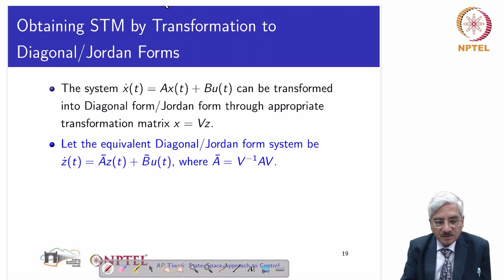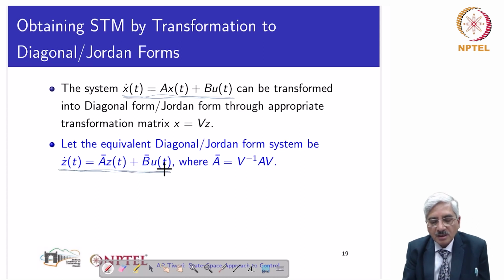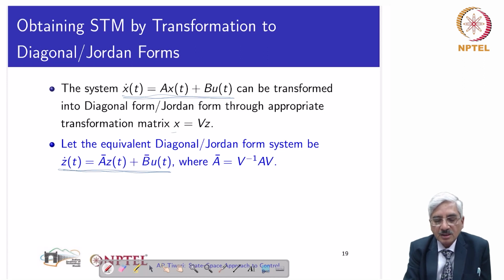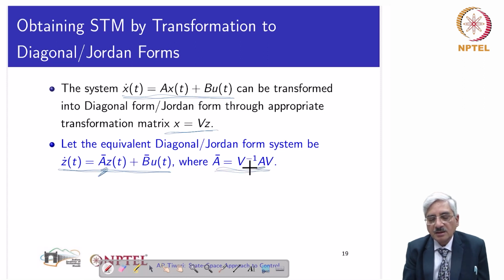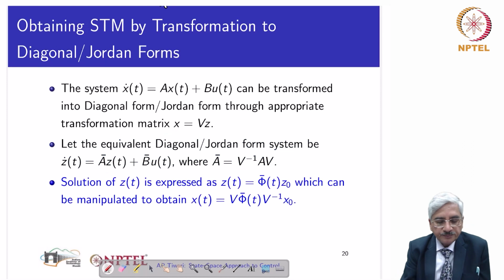So what we do, x dot equal to Ax plus Bu has been converted into either the diagonal or the Jordan form through this transformation. And of course, in the transformed system, A bar, the system matrix, is related to matrix A like this: A bar is V inverse AV. So the solution of z t is phi bar into z 0.